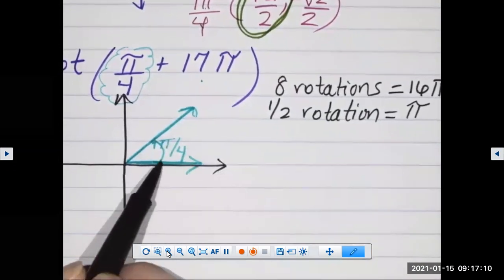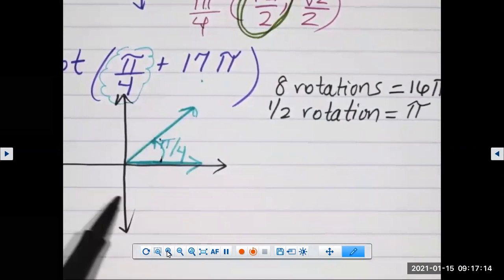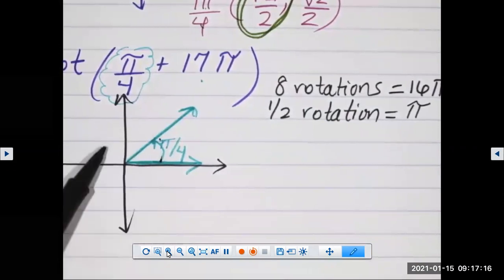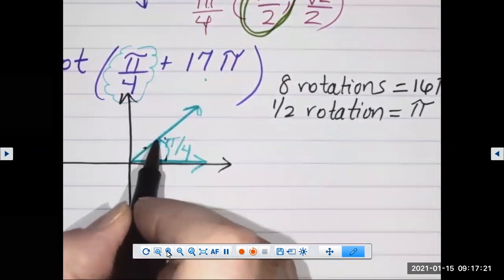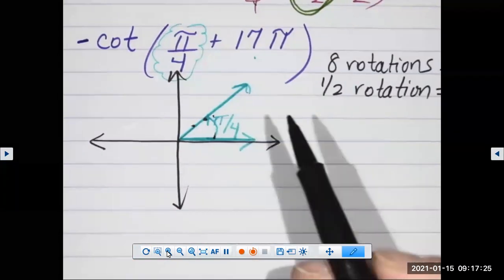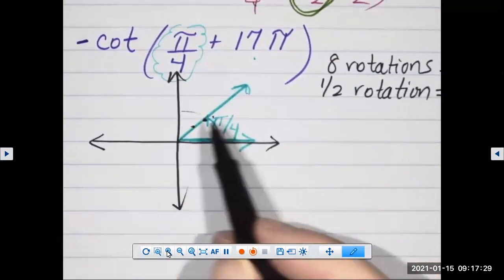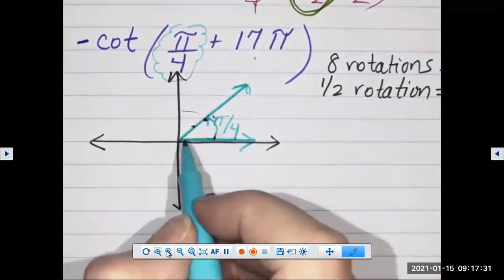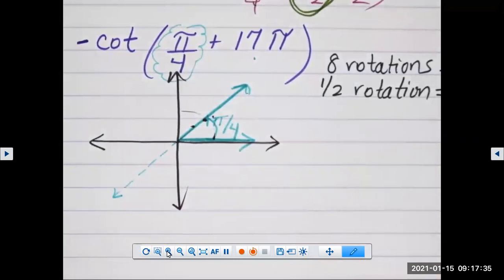Okay, so I'm here, and you're going to rotate completely around back to the same angle 8 times. So let's say I rotate around 8 times. Where would a half rotation take you? Good, a half rotation always takes you 2 quadrants over.